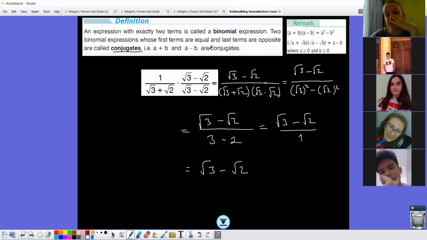So we are changing only the second term to find the conjugate of it. For example, if I have minus A minus B, what will be the conjugate of this? Minus A plus B will be the conjugate. The first one will stay the same, okay?